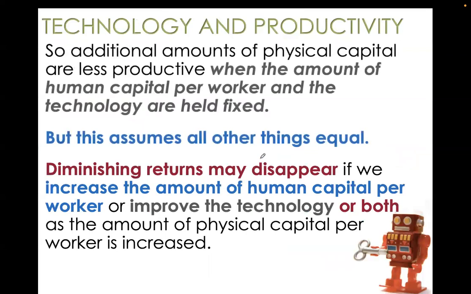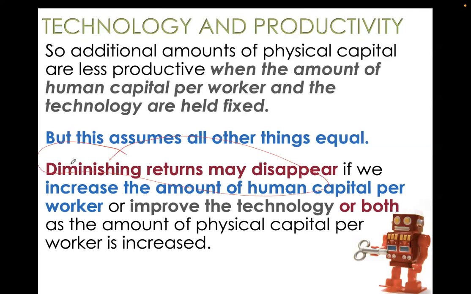Now, what else can help us in terms of production? Certainly technology, right? Not only can technology help us improve production, at some point technology growth can lead to the disappearance of diminishing return.